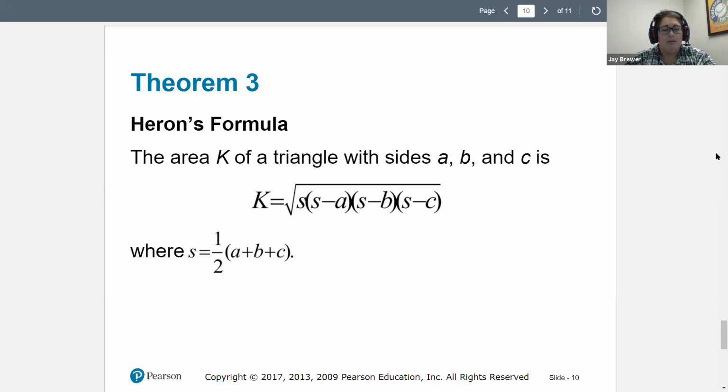And then notice where they say that S is equal to 1/2 your summation of A plus B plus C. Okay. So make sure you write that down. And once you're done with that, we'll go over and do the last example.